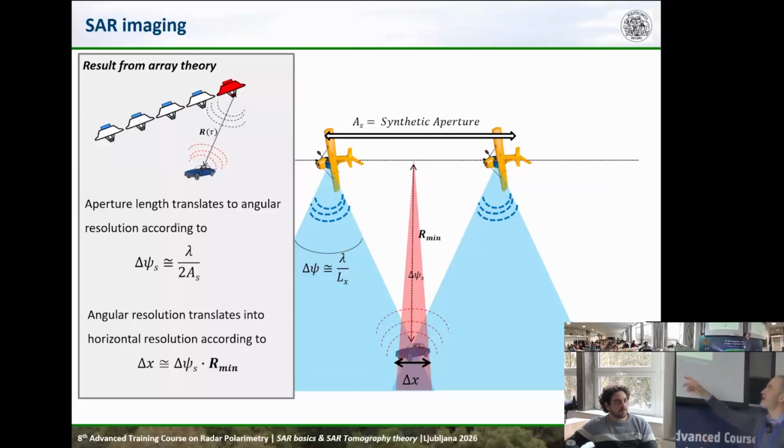So this delta x, which is now your capability to resolve any two targets because they are at different positions along this direction, is given by the angular resolution times the distance.